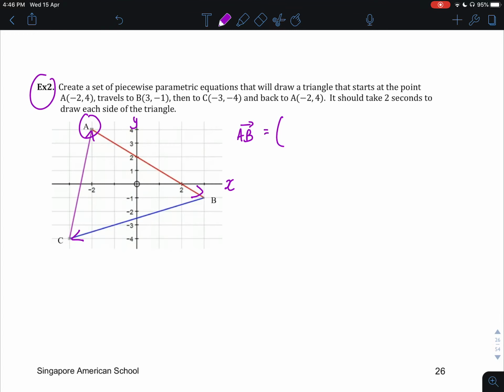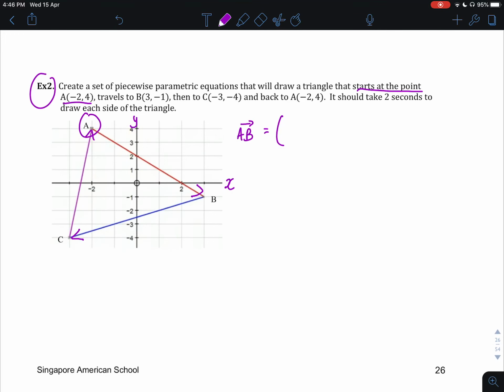We know that we are starting at point A, which means my position vector is going to be the point (-2, 4). Then I'm going to introduce my time parameter, which allows me to know where along the vector I am.